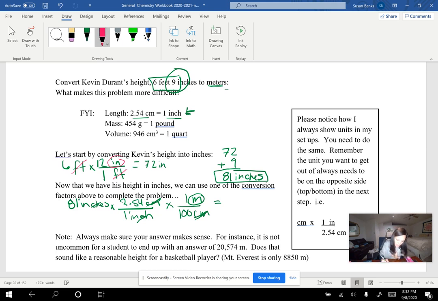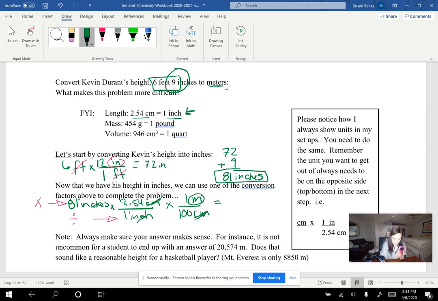Now, mathematically, we're going to look at it this way. Everything that is on the top is a multiplier. Everything that's on the bottom, we're going to divide by it. I'm going to take this step by step. We're going to take 81, multiply it by 2.54, and then divide that by 100.